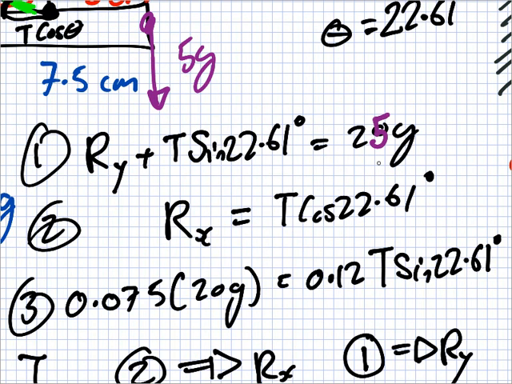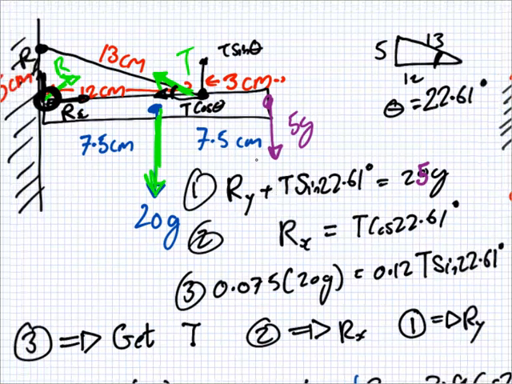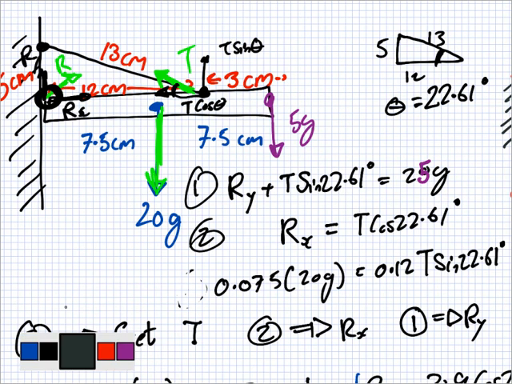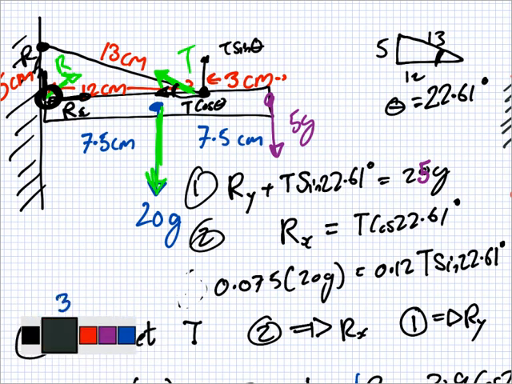The total down is 25 now, yeah? Does this equation change? No, because it's left and right, no change. But this one will change, because now you have an extra turning force down in the clockwise. So if I just make a bit of space here, this is equation 3.